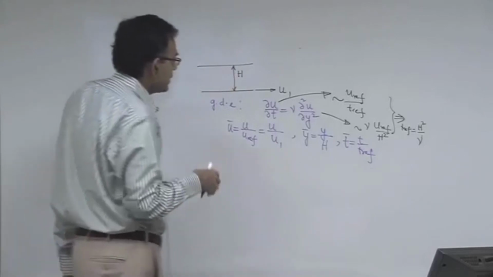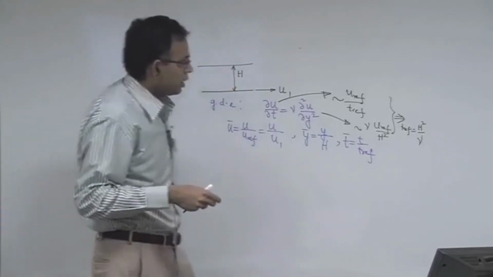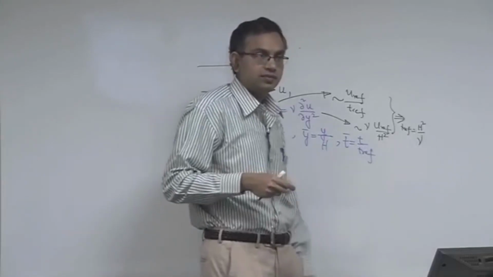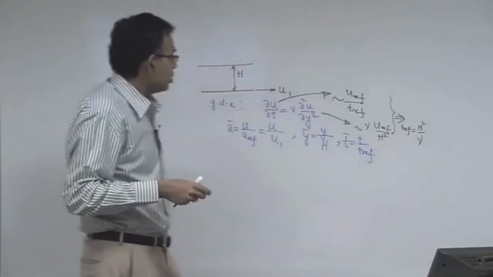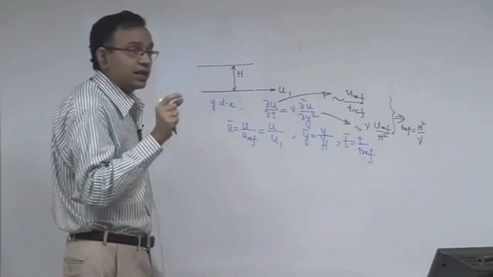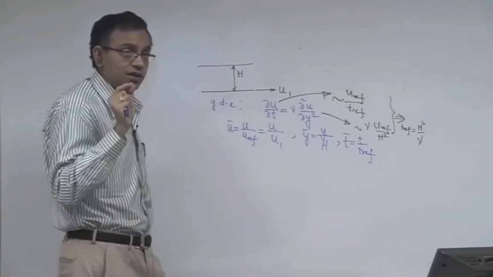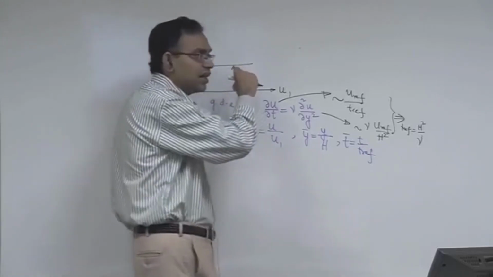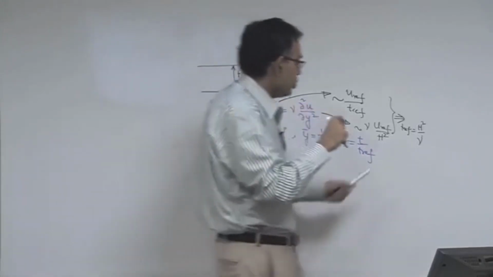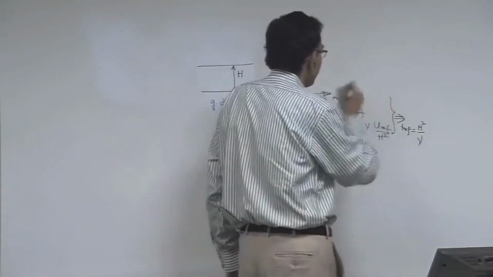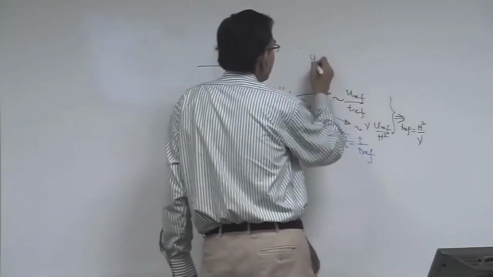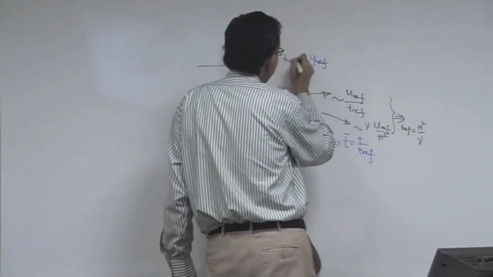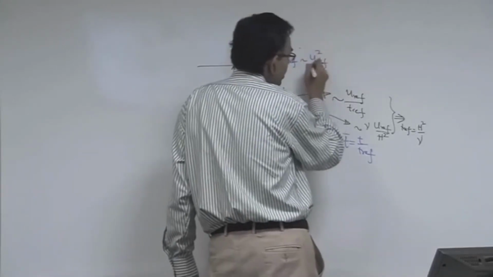Now a big question comes: why are we taking h as a characteristic length scale? We are taking it with a very important assumption. If you consider that instead of h there is a y reference, then t reference scales with y reference square by nu.